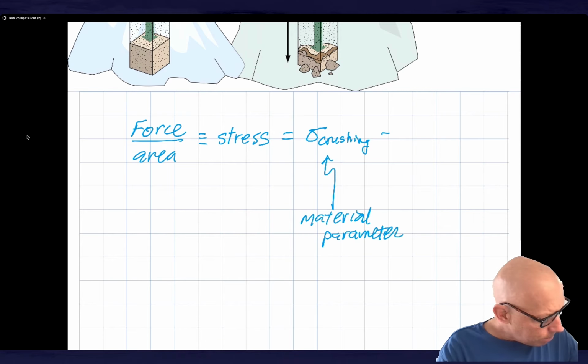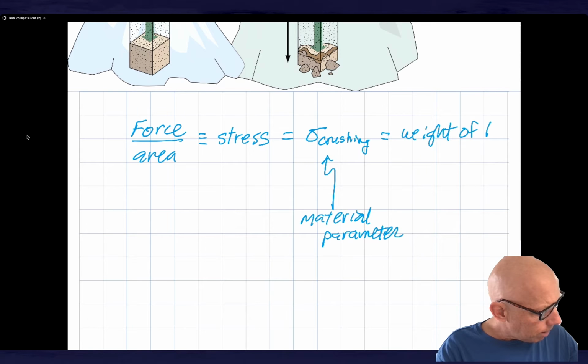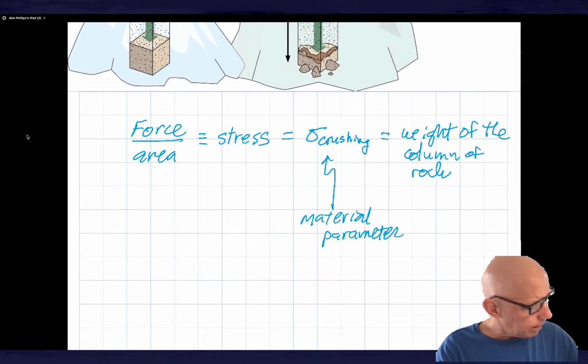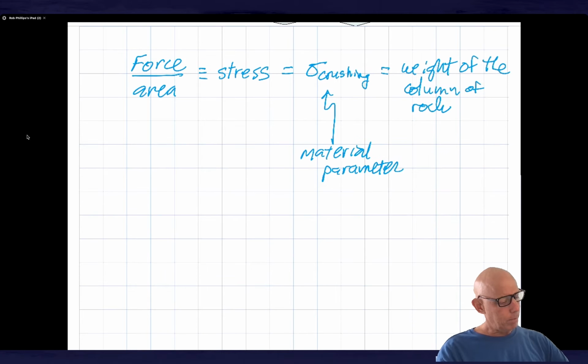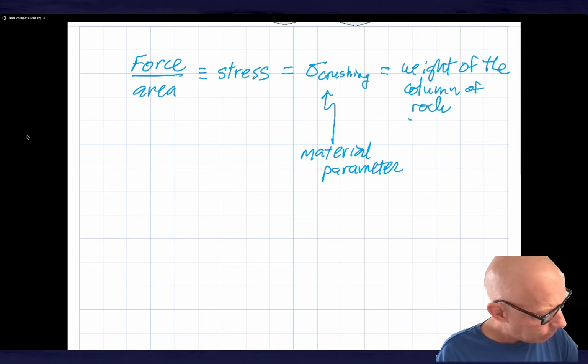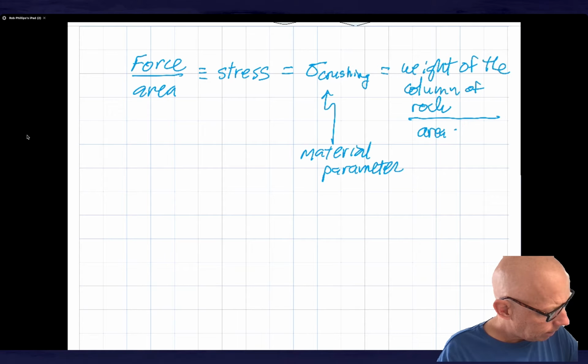And this should be equal to the weight of the column of rock. That's how we will know that the material will fail. So the weight of the column of rock, and then that should be divided by the area at the base.